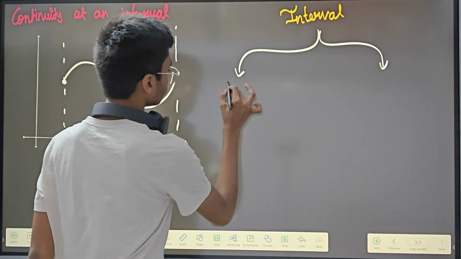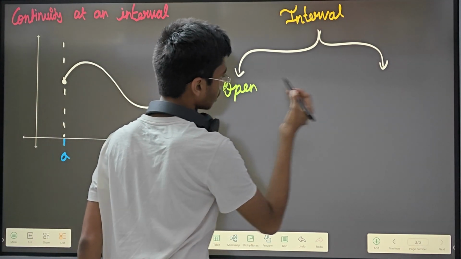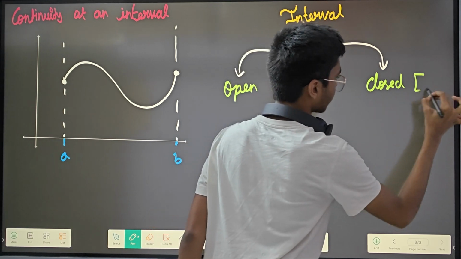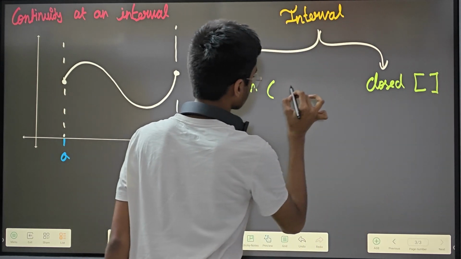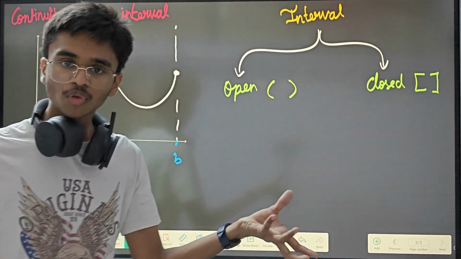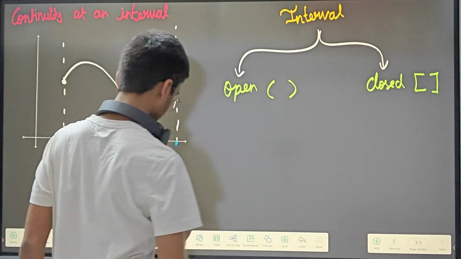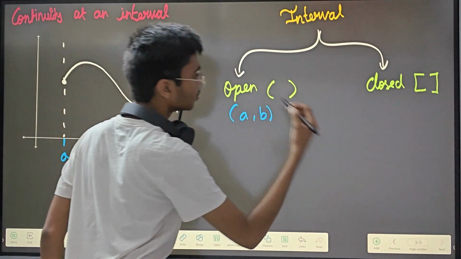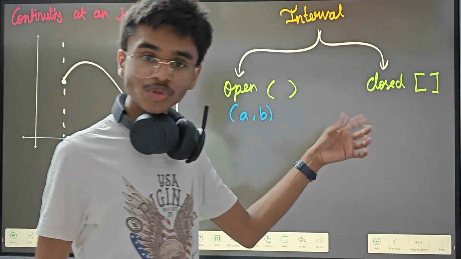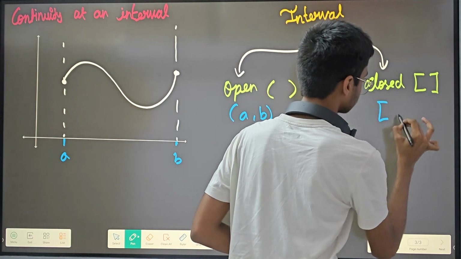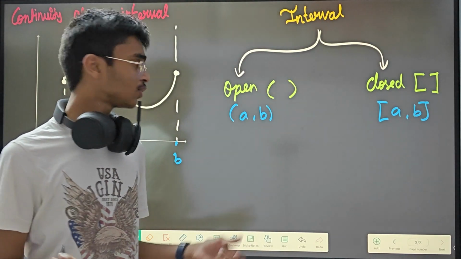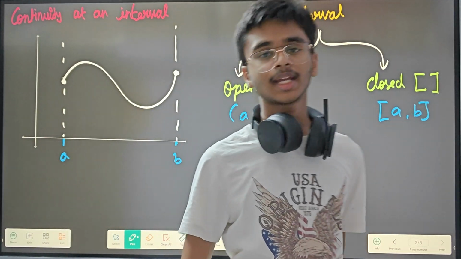There will be open brackets and then closed brackets. In case of open brackets you'll have them like this, which is A comma B. In case of closed brackets you'll have brackets which are like this, A comma B. So then what is the difference between open bracket and closed bracket?